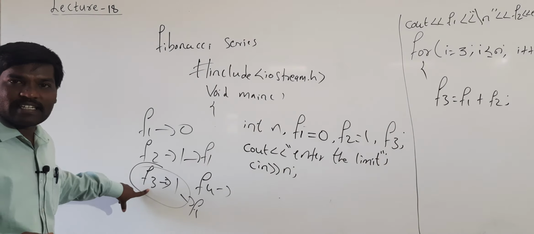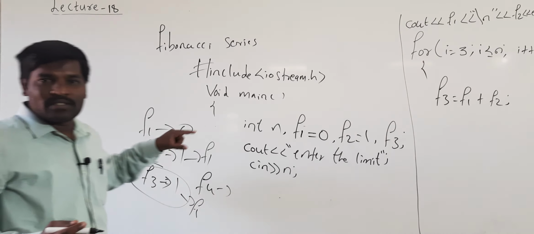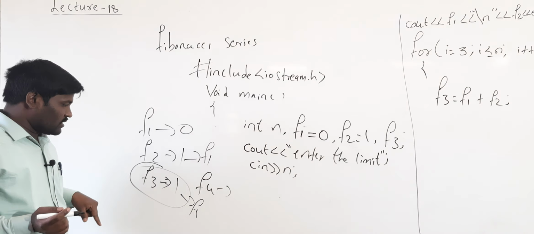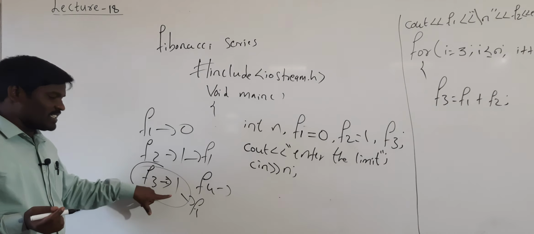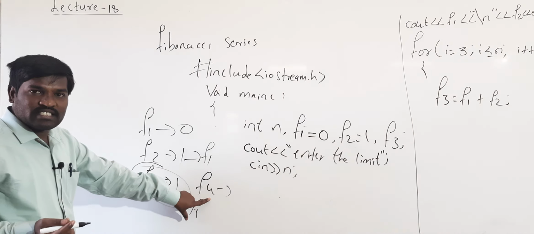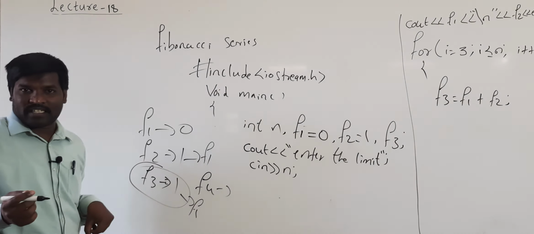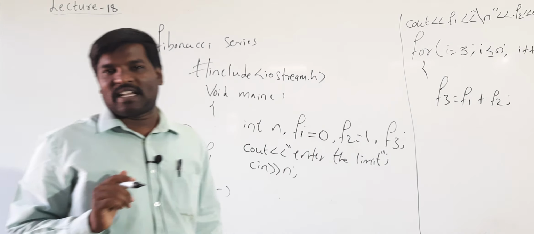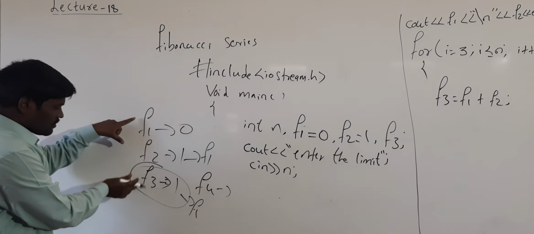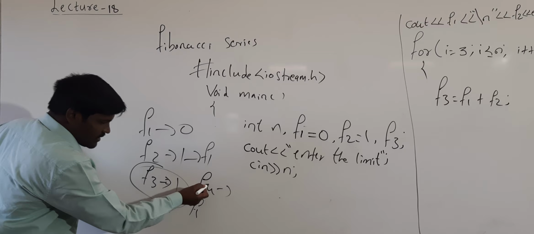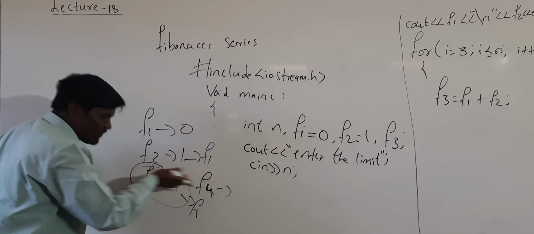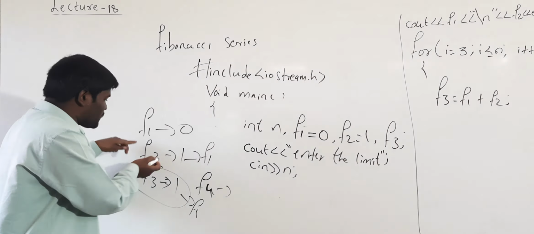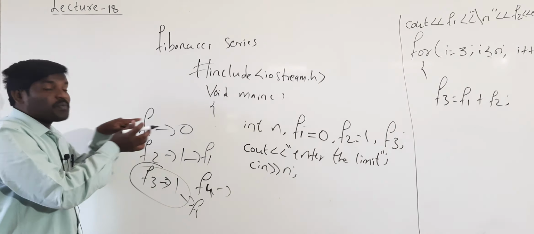At the time of calculating F3, the F1 value is 0 and the F2 value is 1, 0 plus 1 is 1. F4 is equal to F2 plus F3, that is F of n minus 1 plus F of n minus 2. At the time of calculating F4, this F3 acts as F2 and F2 acts as F1.